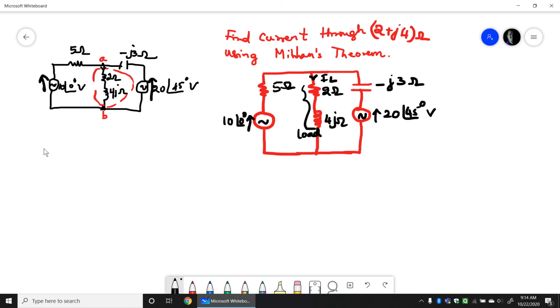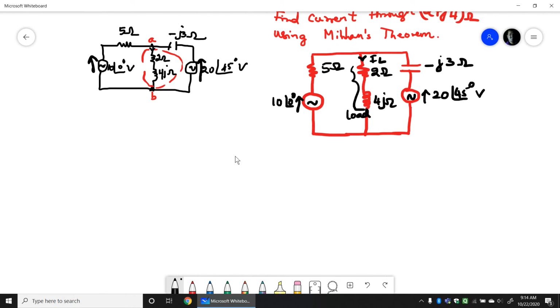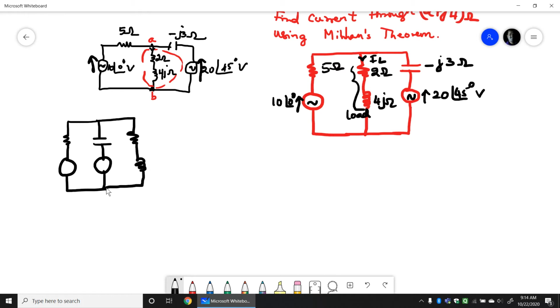So I will write a separate diagram again. I will just replace the position of the branches, that's it. As all 3 are in parallel, I can easily write the parallel branches wherever I want. So that is what I am doing here.